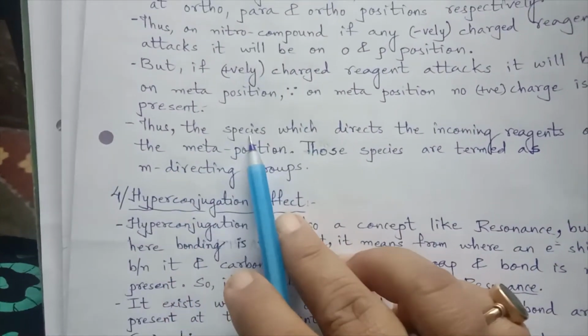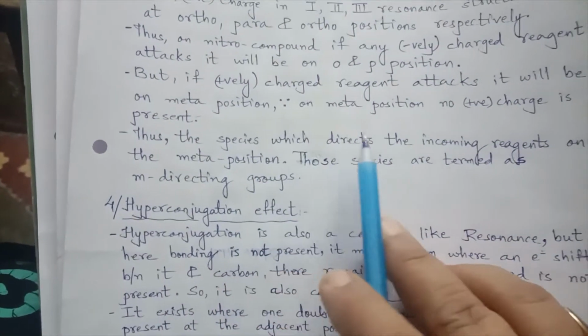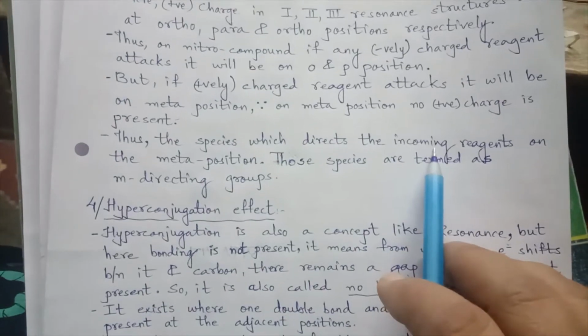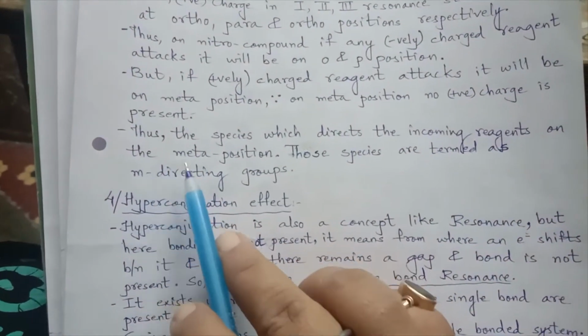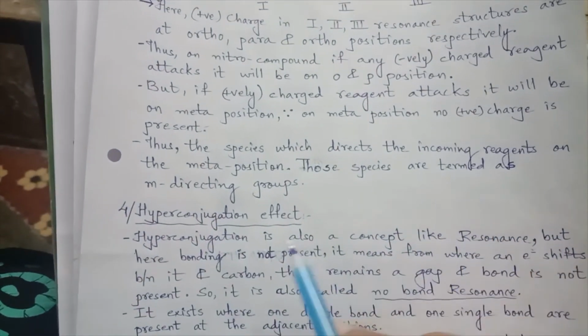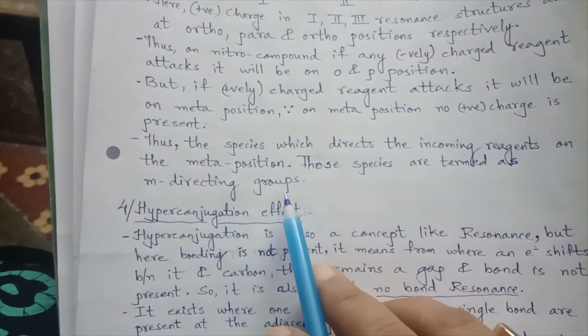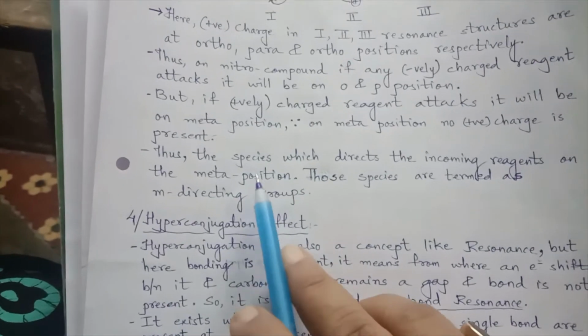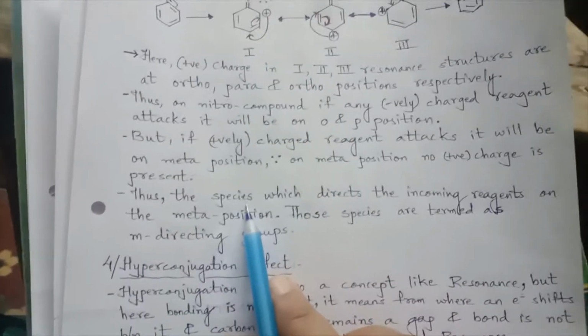Thus, the species which directs the incoming reagents on the meta position, those species are termed as meta-directing groups. Species, that means the substituents present on the benzene ring.